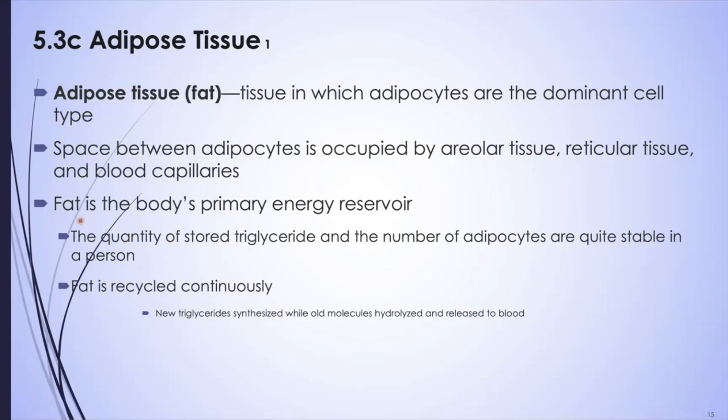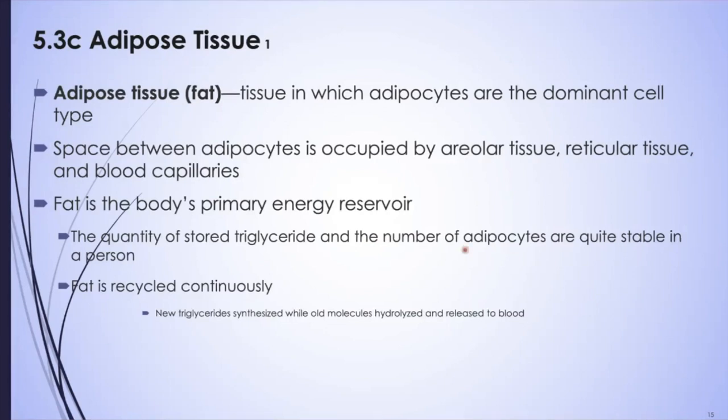Fat's not a bad thing, but let's call it triglyceride, because the triglyceride is the actual molecule that we're talking about. Three fatty acids and a glycerol molecule makes a triglyceride, which is body fat. So the amount of triglycerides and the number of adipocytes are actually stable in a person.